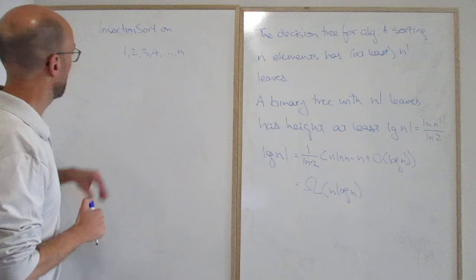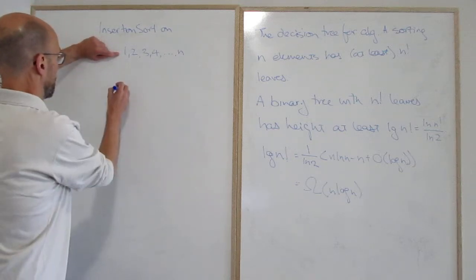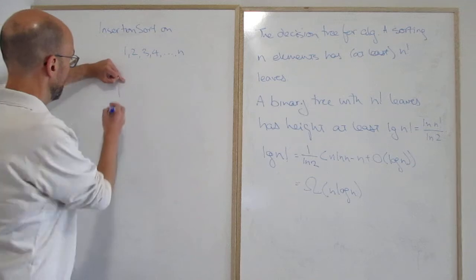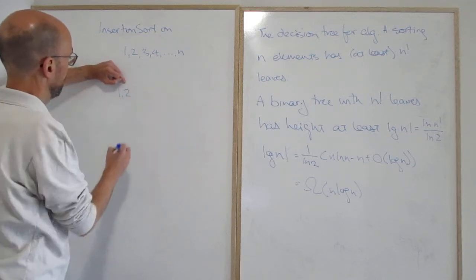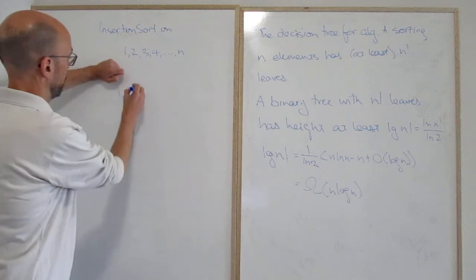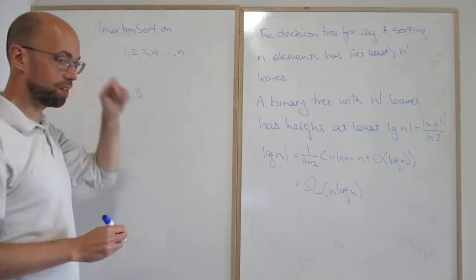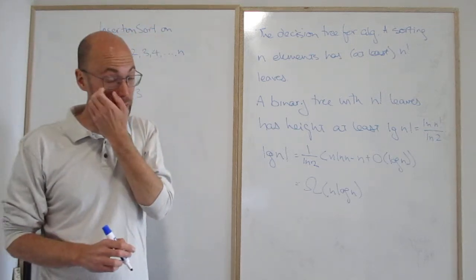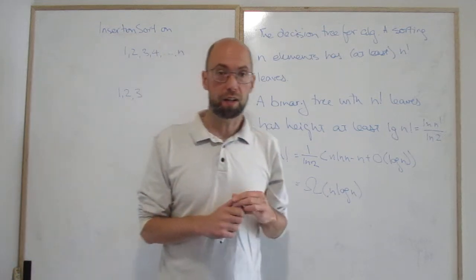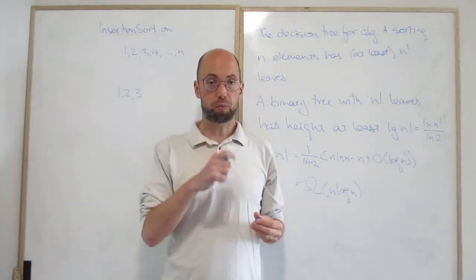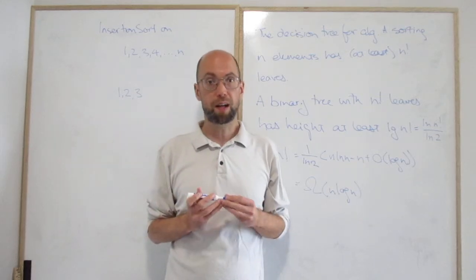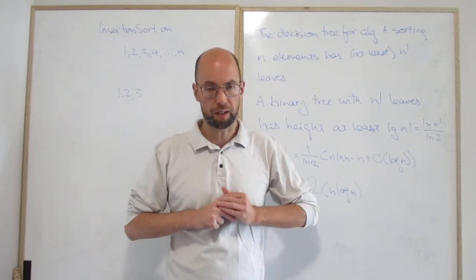It's going to take the 1 and put it in a list. Then it's going to take 2, compare 2 to 1, and put it next. Then it's going to take 3, compare it to 1 and 2, and put 3 next. So for the number i, it's going to do i minus 1 comparisons. You're going to get 0 plus 1 plus 2 plus 3 plus up to n minus 1, and this is theta n squared.